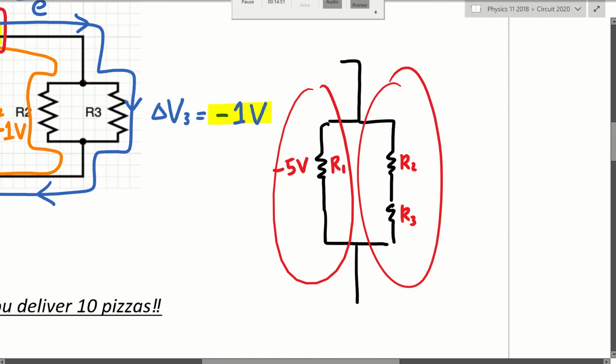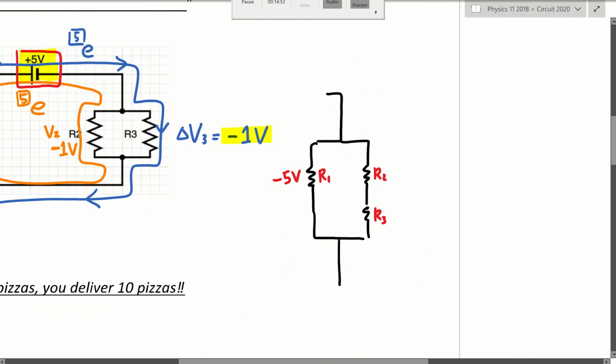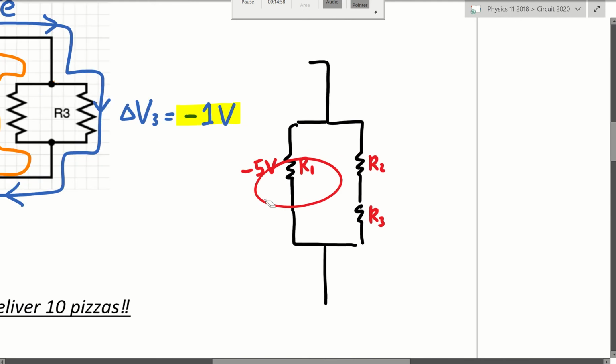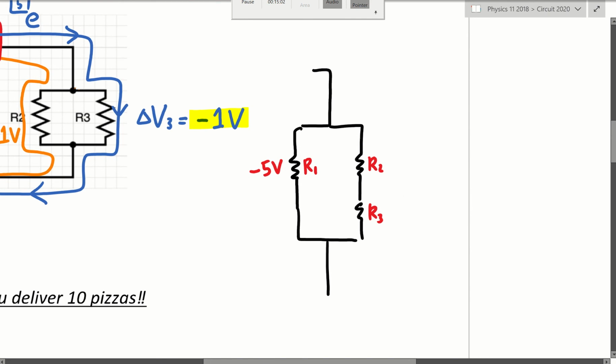So now, if that's the case, right? So if you know that this drop is 5 volts, then it will only make sense if the combined drop in here is also 5 volt. So if you combine it, it should also be 5 volt.